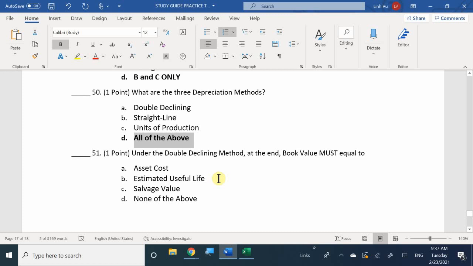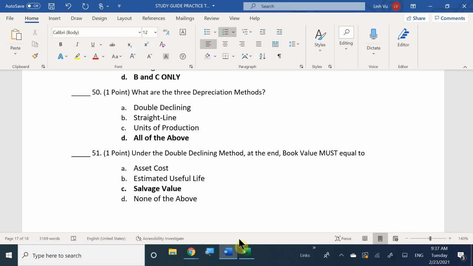Number 51, under the double declining method, at the end, book value must be equal to salvage value. Yes, right? It doesn't match your asset cost. Obviously, you're depreciating it. It's not going to hold its value anymore. It's not going to be holding its estimated useful life because it's under double declining.